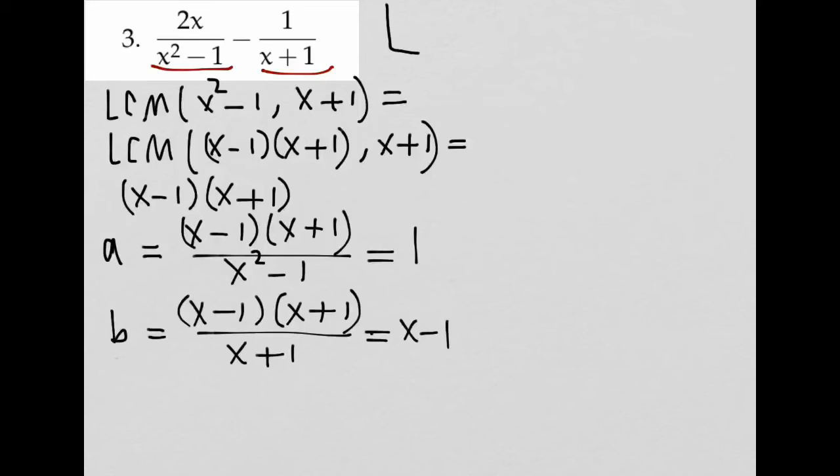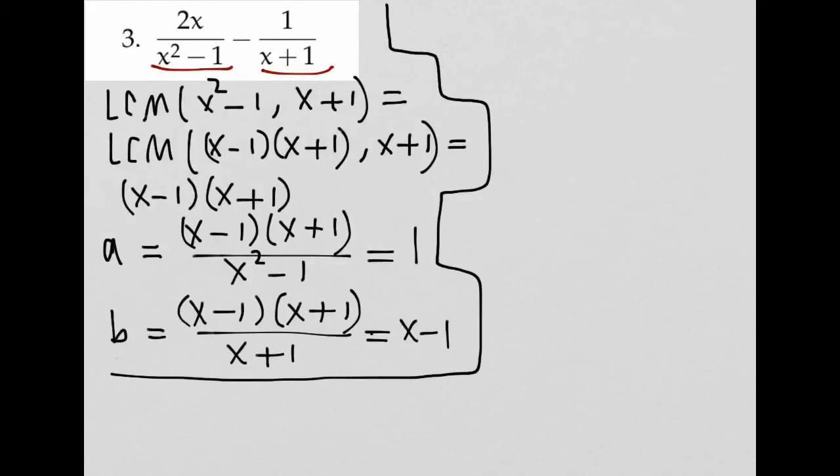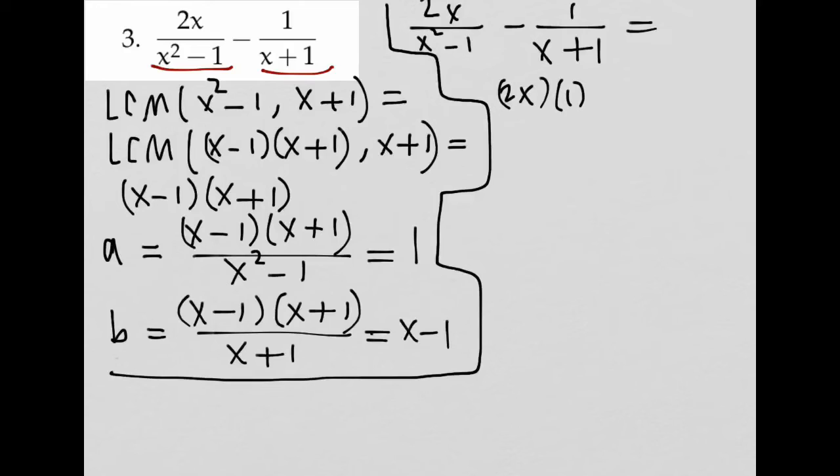So 2x over x squared minus 1 minus 1 over x plus 1 is equal to 2x times a, which is 1, minus 1.